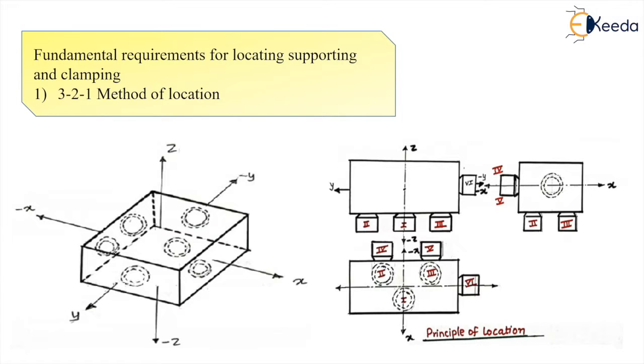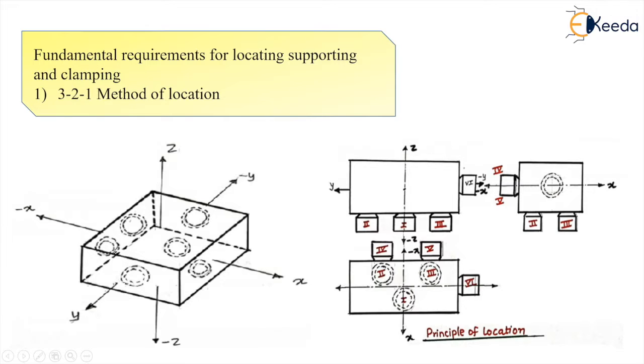So see here, if you consider this workpiece that we are using in the machining operation as a free body in space, then this body is having a total of 12 degrees of freedom. 6 are the degrees of freedom for translation and 6 are for rotation.